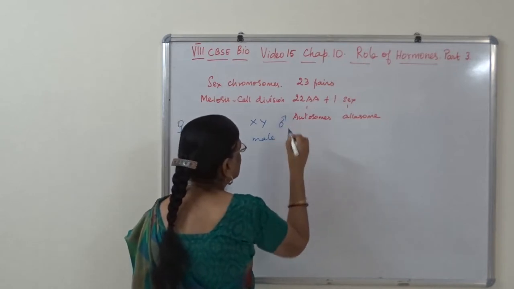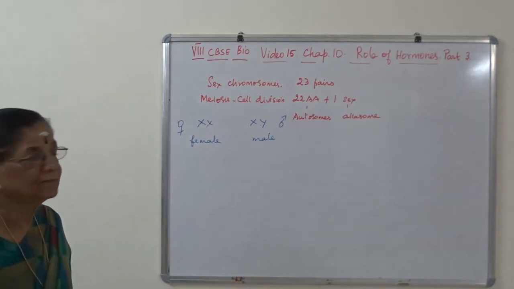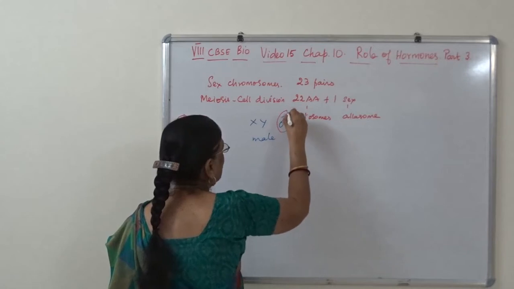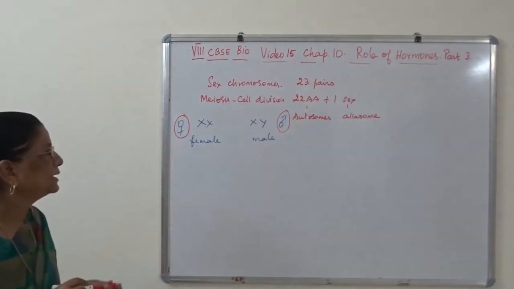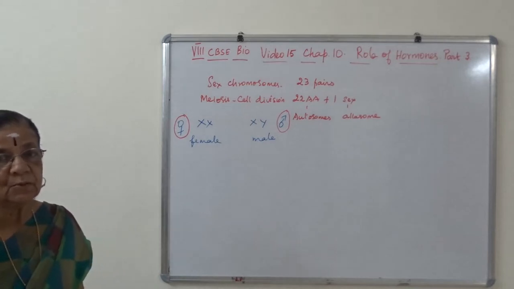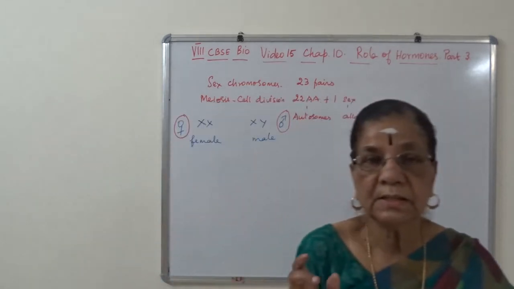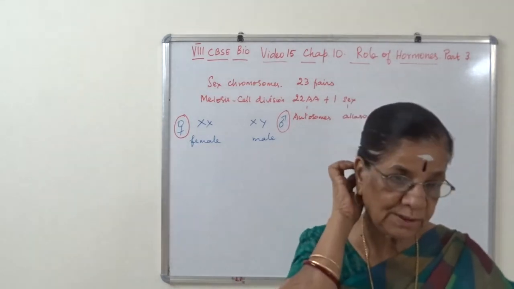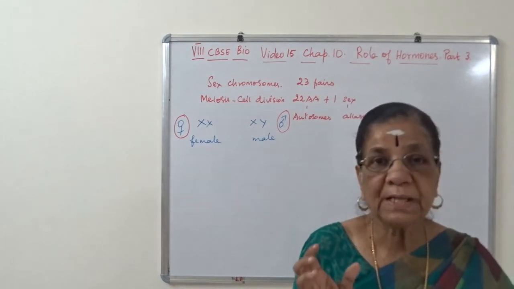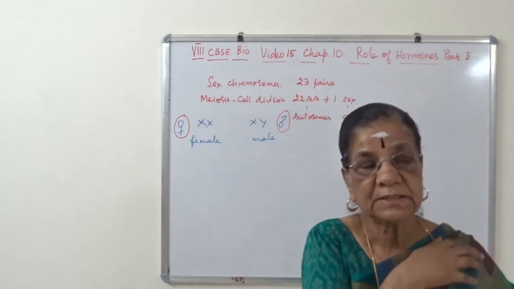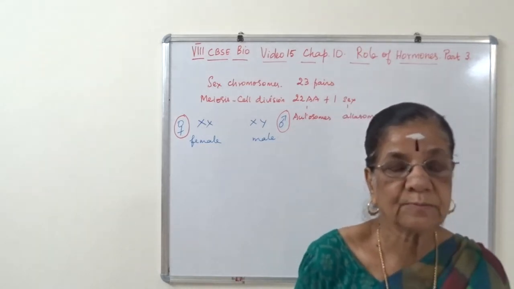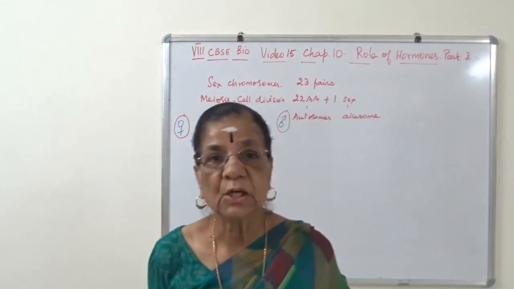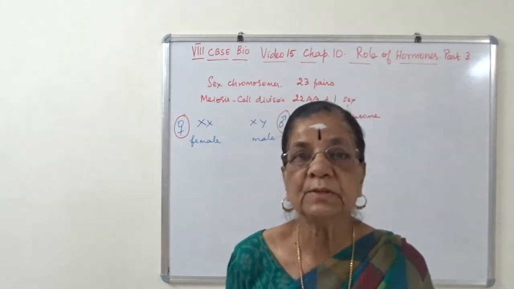Now during sexual reproduction, both the parents are involved, as we learnt in chapter 9, Reproduction in Animals, and there is gamete formation.